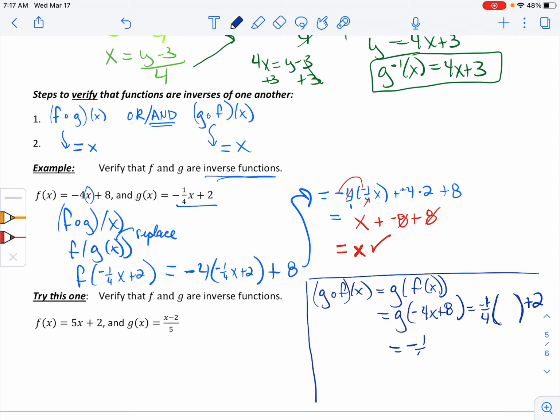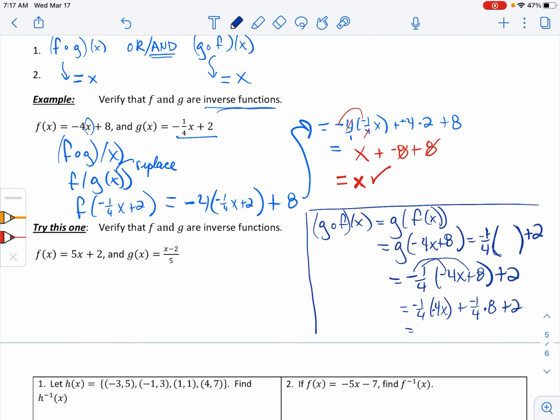So that gets me negative 1/4, negative 4x plus 8, plus 2. So now when I distribute that, negative 1/4, so we have negative 1/4 times negative 4x, plus negative 1/4 times 8 plus 2.